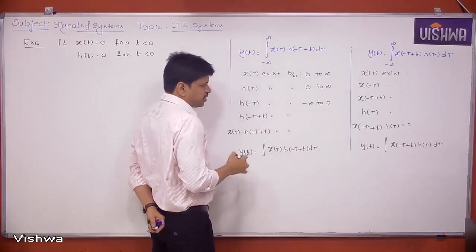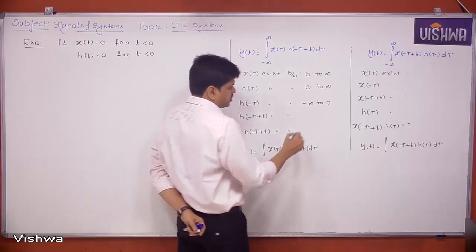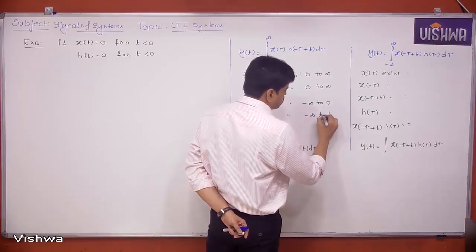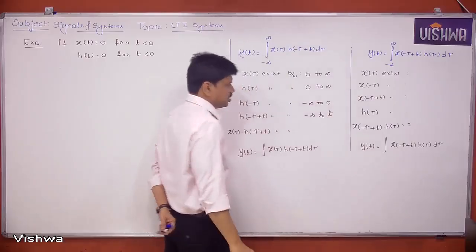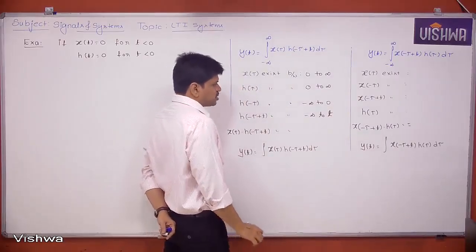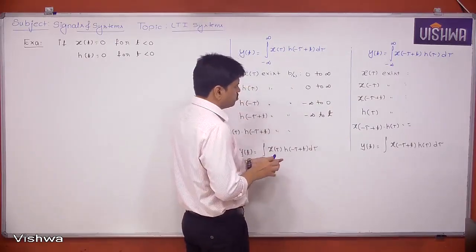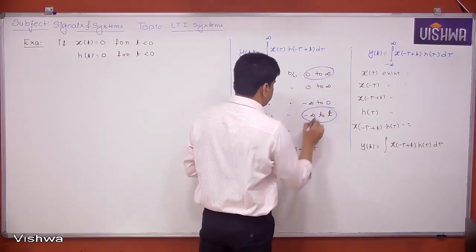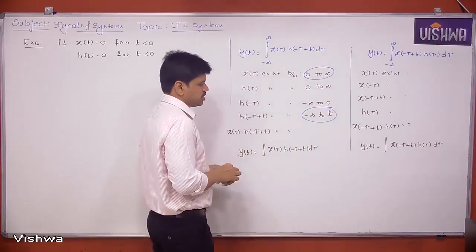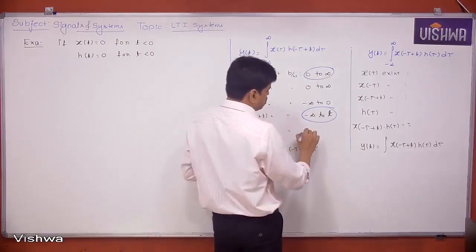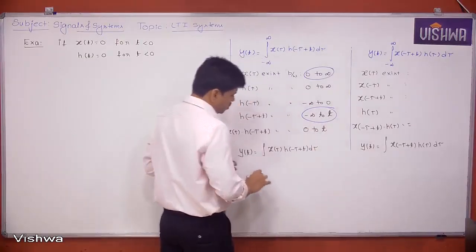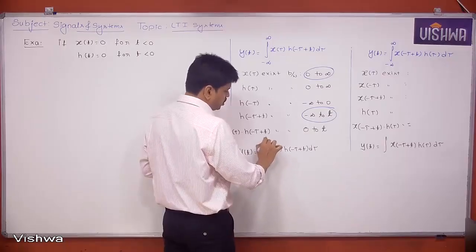We have delayed, that means we have to add t. Then it is going to be minus infinity to t. So common limits between these two, x of tau and h of minus tau plus t, it is going to be 0 to t. So the integration will be 0 to t.